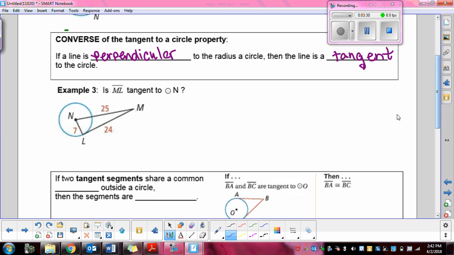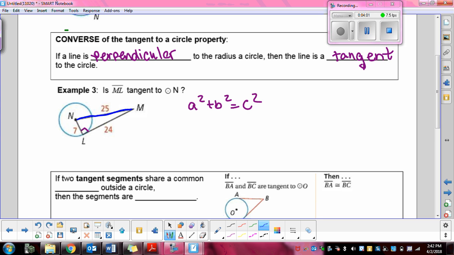It says, is ML tangent to circle N? Is this line tangent to the circle? Well, if it's tangent, then this is going to be my 90-degree angle. I don't really have another choice. And if it's tangent, then a squared plus b squared has to equal c squared. So what I'm going to do is plug them in. Remember that my hypotenuse has to be 25.